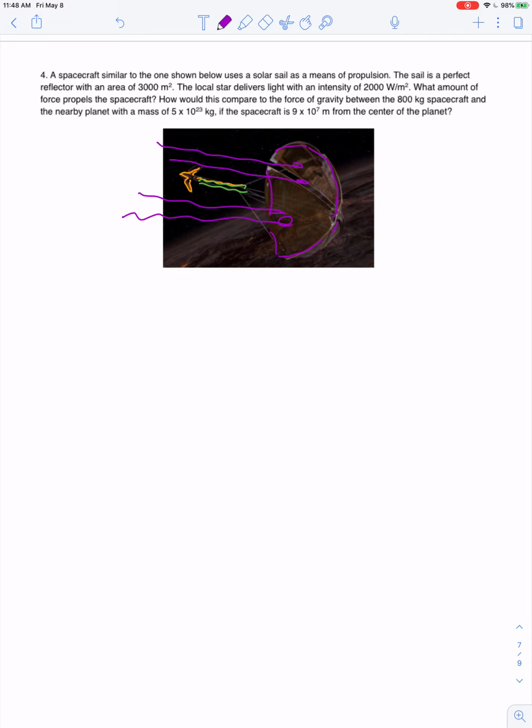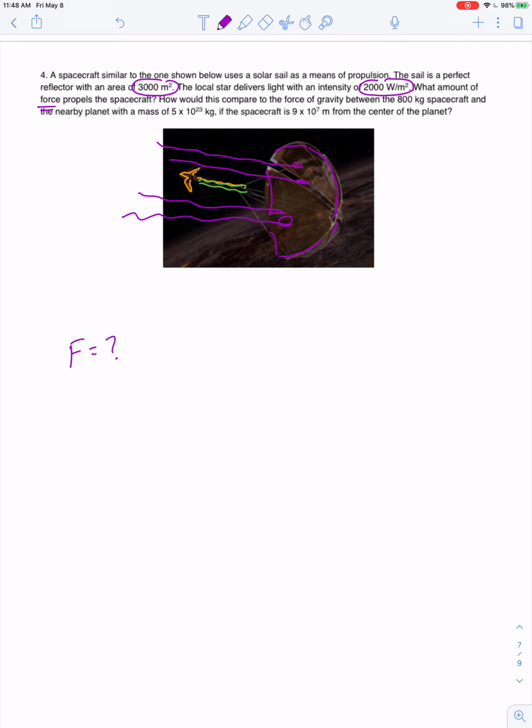So we're given that the area of the sails is 3,000 square meters, and the star delivers light with an intensity of 2,000 watts per square meter at the location of the spacecraft. What amount of force propels the spacecraft?